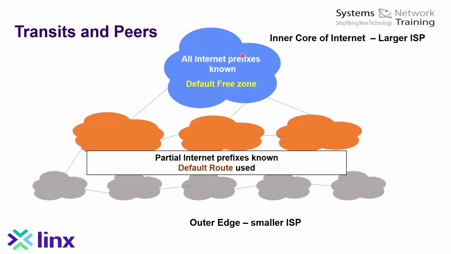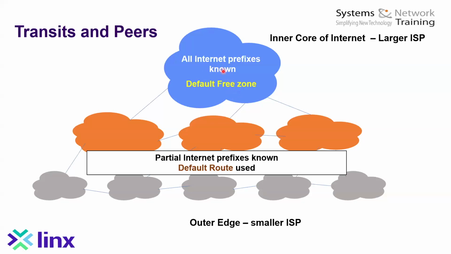They do something else, which we'll take a look at in just a second. There is no need for the routers here to use this default behavior because all routes are known by their routers. When a packet comes in, they will have a very large table that says, if you want to get to this route, you send it in this direction. So we call that the default free zone. It's basically the core of the network.